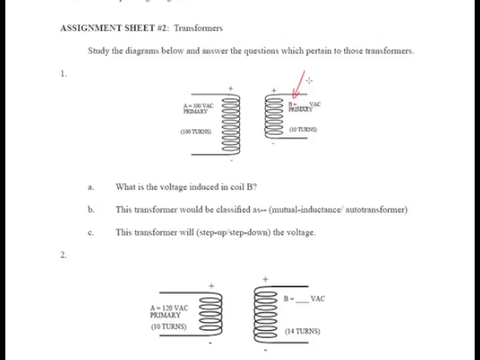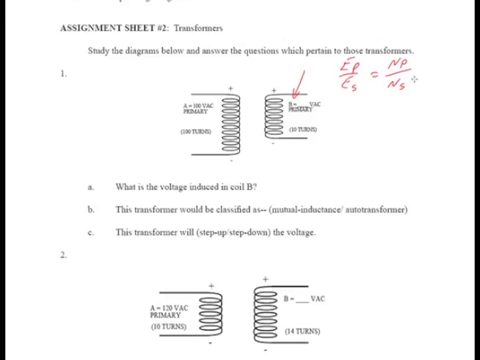In the video I made for you recently on the load tap changers, we talked about the mutual inductance transformer being defined by the formula: primary voltage over the secondary voltage is equal to the number of turns in the primary divided by the number of turns in the secondary.